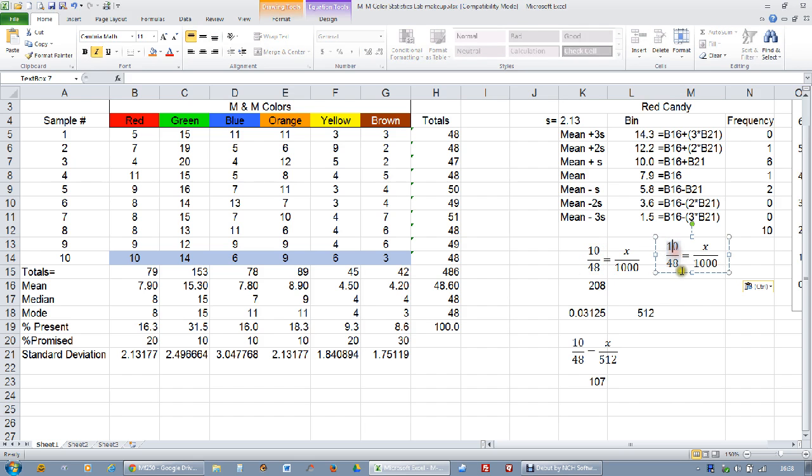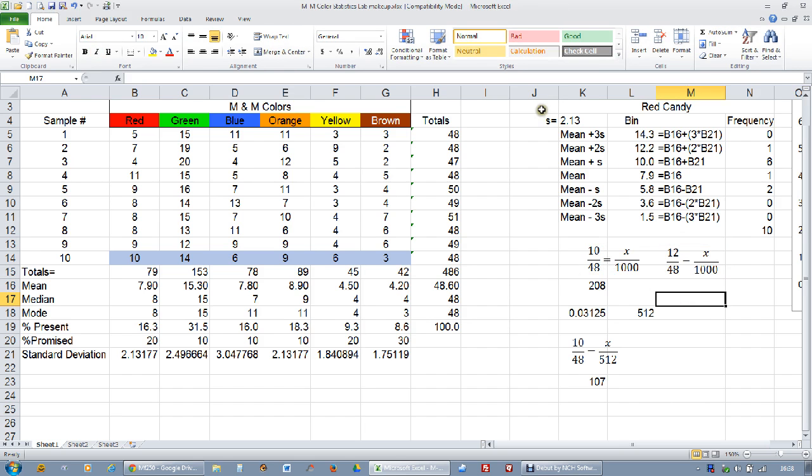If we did 12 out of 48, why would we do 12 out of 48? Well, don't forget our standard deviation of 2.13 is our tolerance, so we have 10 plus or minus 2, so we'll do 12 out of 48, so 12,000 divided by 48 equals 250.